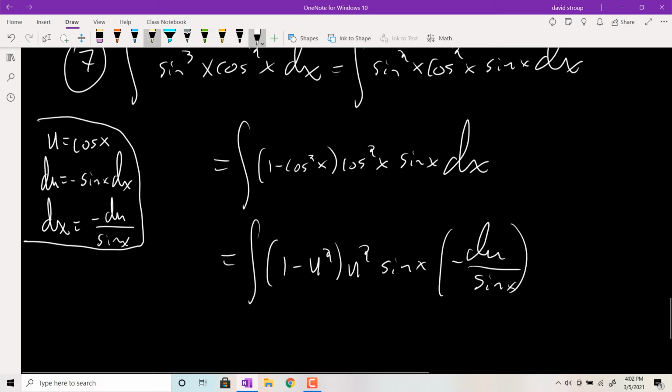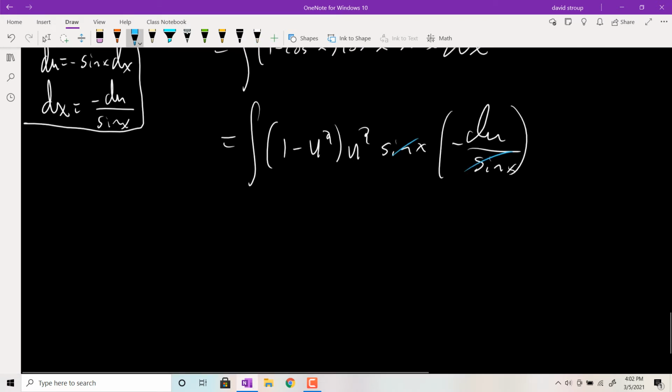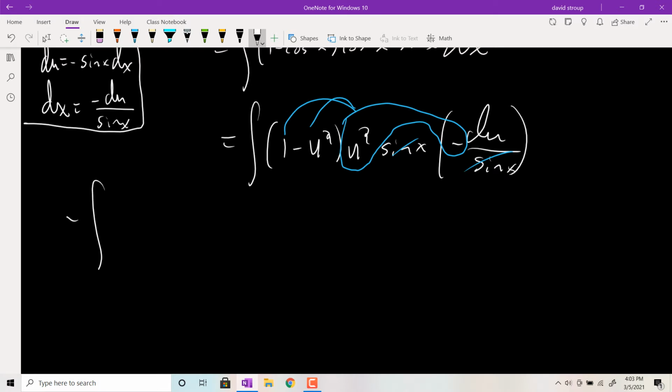And then I need some cancellations. So sine x, I'm going to distribute the u squared. I'm going to bring the negative along for the ride when I do my distribution. So I'm going to distribute the negative u squared into here. Okay. And you'll end up with the integral of negative u squared plus u to the 4th du.